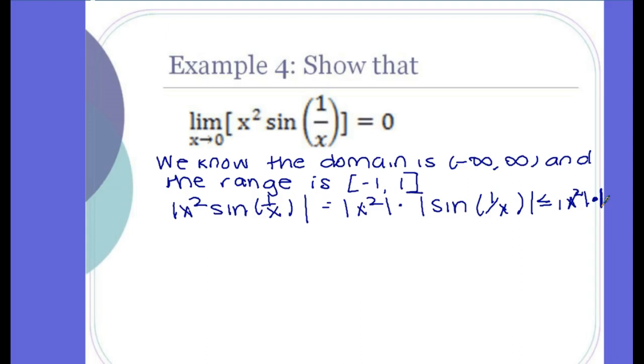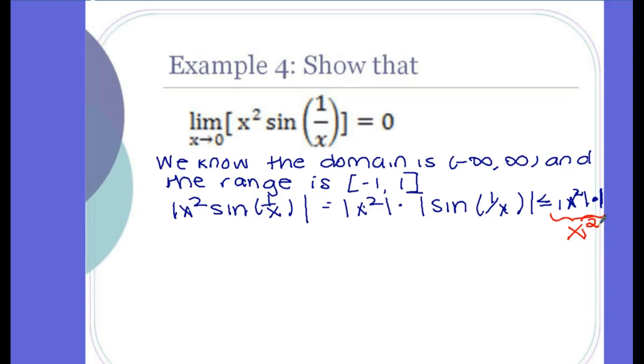We can't do that so much with x squared, because x squared continues positively forever. The absolute value of x squared times 1 would then just simplify to x squared, because the absolute value really has no change and 1 has no change.